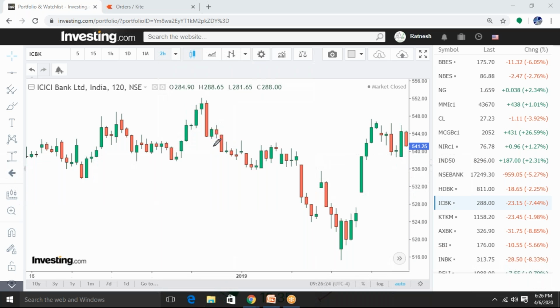Yes. We have to wait for one confirmation candle. So a confirmation candle is this one. So your risk one is this one. This is the risk.